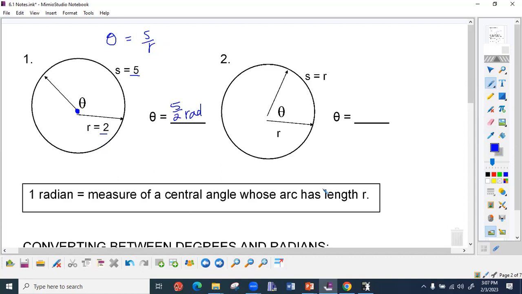So if I'm given the arc length and the radius, I can tell you my radians. Do we see that?